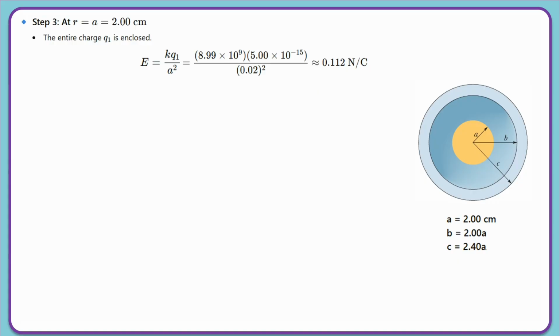Step 4. Now consider R equals 1.5 A, or 3.00 centimeters. If you look at the figure, this point is located between the solid sphere and the conducting shell. The Gaussian surface still encloses only Q1.